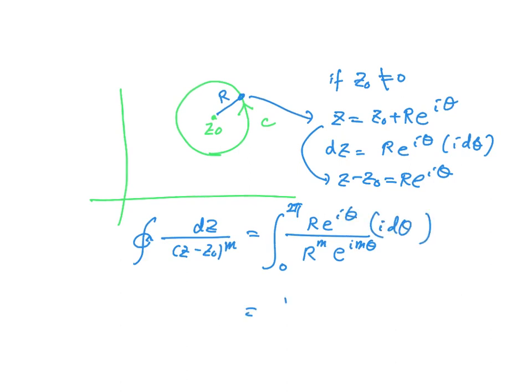So the result would be the same as the origin: 2 pi i or 0 otherwise. So we have learned that as long as the closed curve is a circle with arbitrary radius big R, then this integral is either 2 pi i or 0, depending on m.